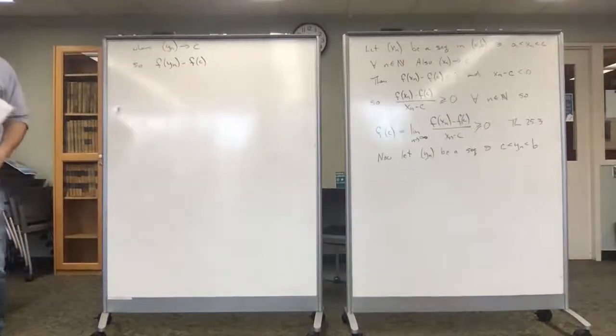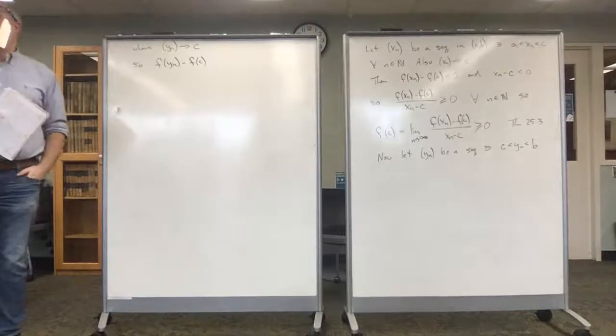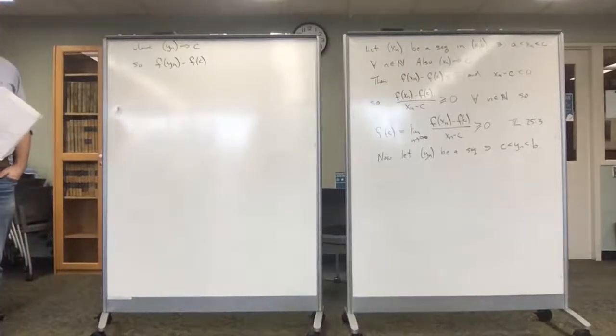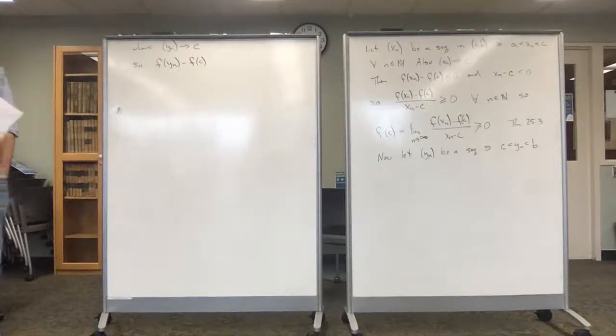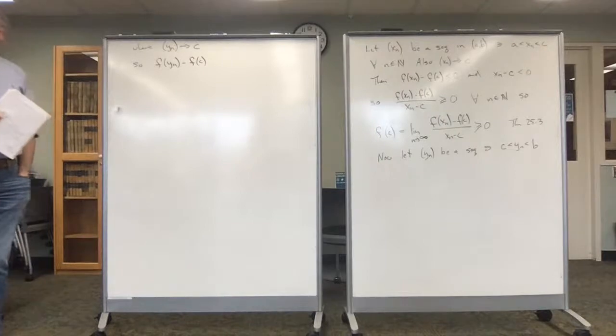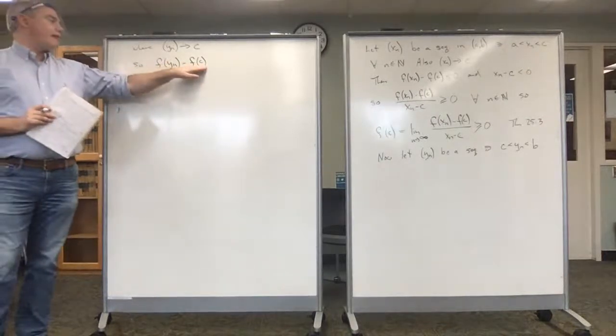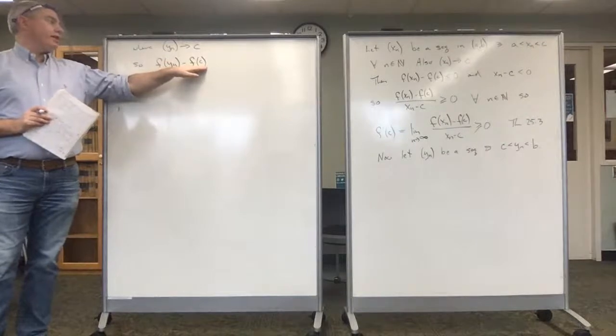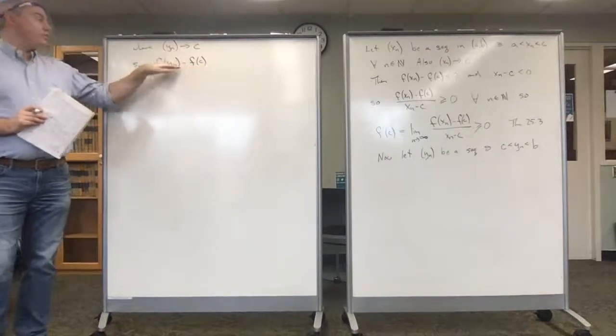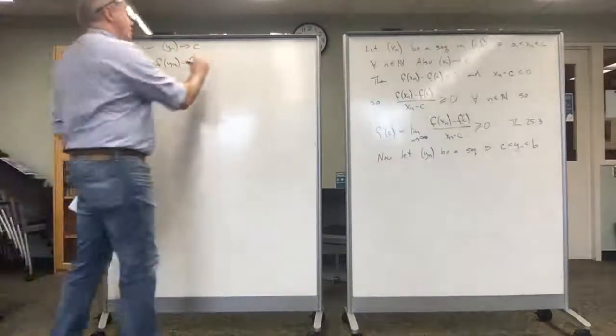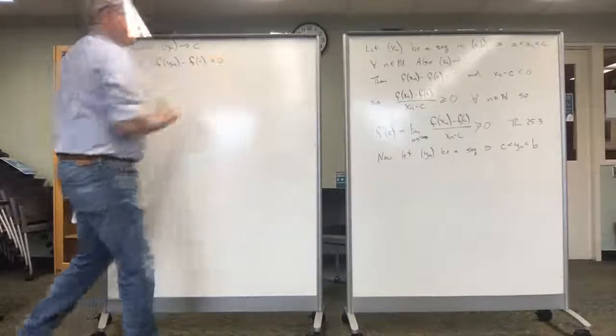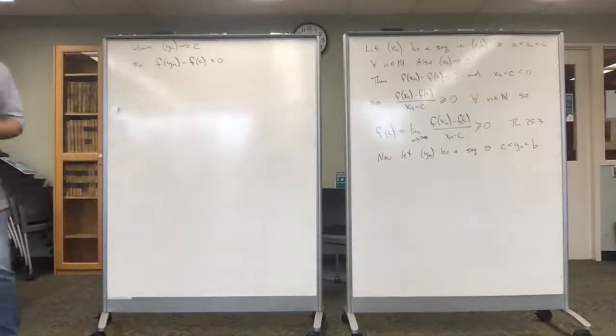Positive, negative, 0? That's still less than or equal to, because c is the max. This guy's still the max, so it's bigger than everybody else, or equal to. So this one will be less than or equal to 0.